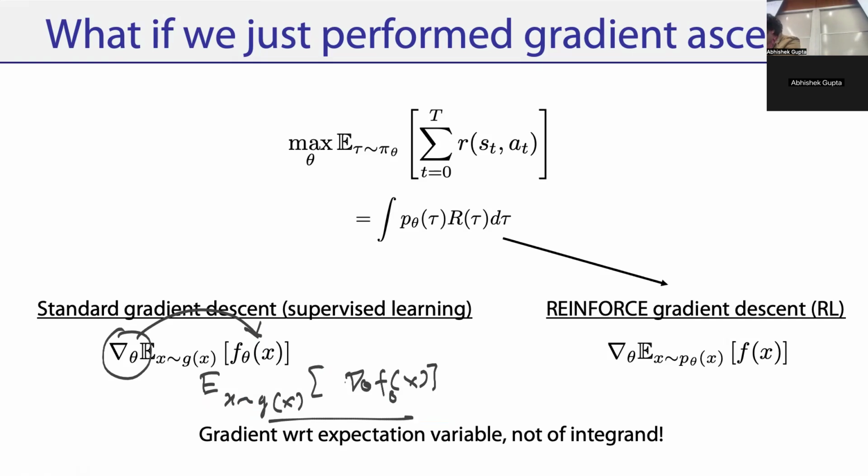So you're going to draw a bunch of samples from g(x), x1, x2, x3. For each of them, you're going to evaluate grad theta f theta x1, grad theta f theta x2. Then you're going to average them, and that's going to give you a gradient. You're going to move theta according to that average gradient, right? That's what supervised learning would do. You take a bunch of samples, you compute grad theta f theta x_i, average them, and you take a step.